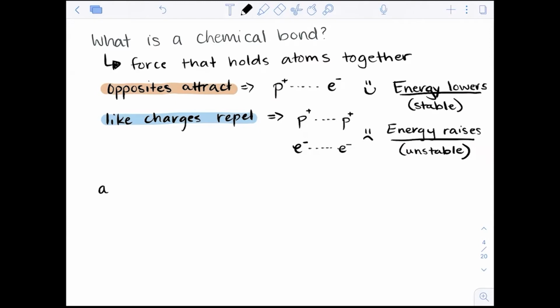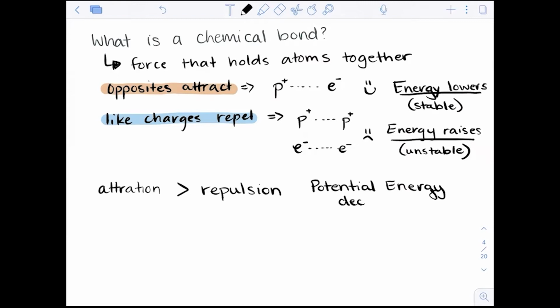We want the attraction to be greater than the repulsion. This would be the idea of potential energy overall decreases when bonds are formed.